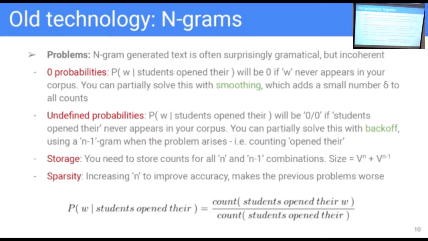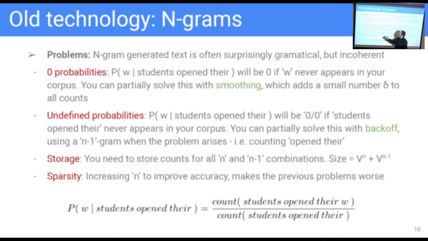Another problem that you have is with undefined probability. The problem is not only when the numerator of the equation doesn't show up, but also if the denominator doesn't show up, or if the previous window of words never appears in the data set, then the probability becomes 0 divided by 0, which has no solution.